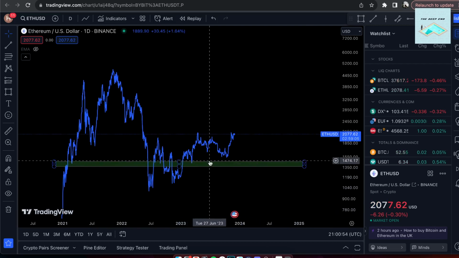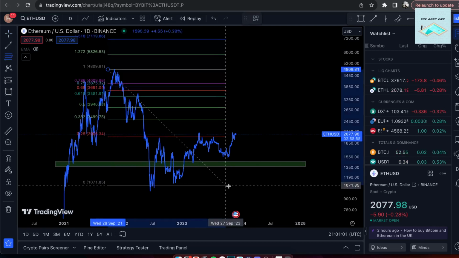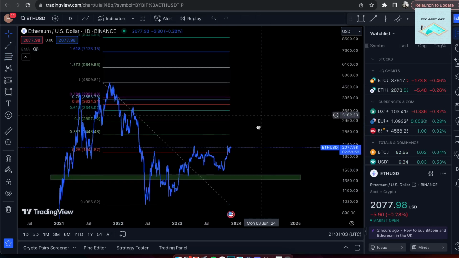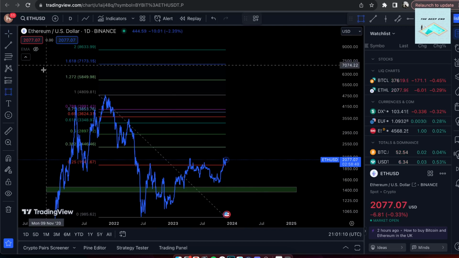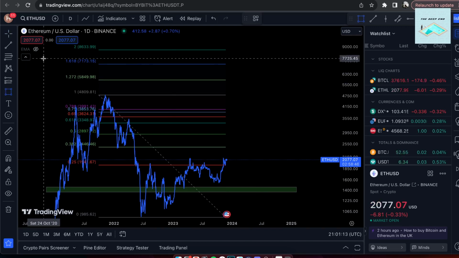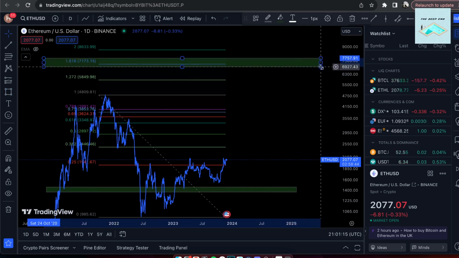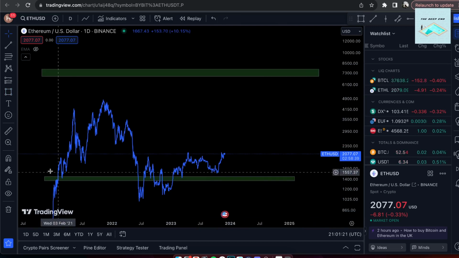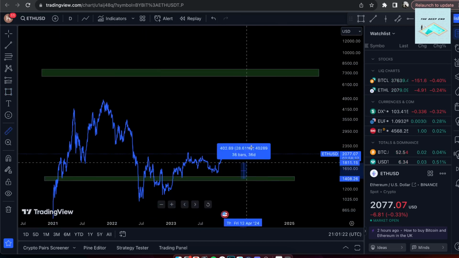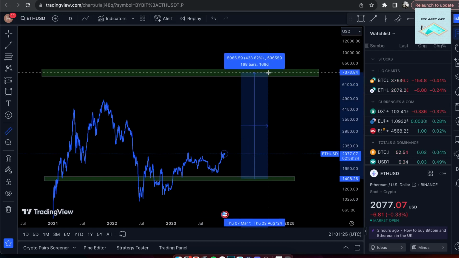I would call this my buy zone, and I would be happy with that because I would see my take profit as a Fibonacci level, the 1.618 roughly about here. So I would honestly be looking at taking profits round about here on Ethereum because I think it's got a lot of potential. So from me buying to selling on that, we're talking 4.2 times your money, 420%.